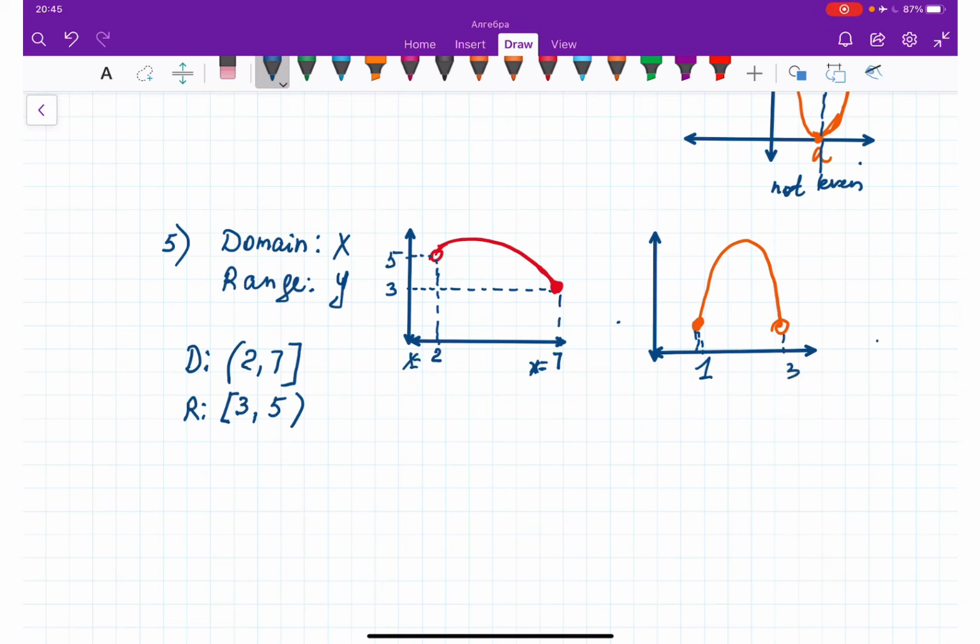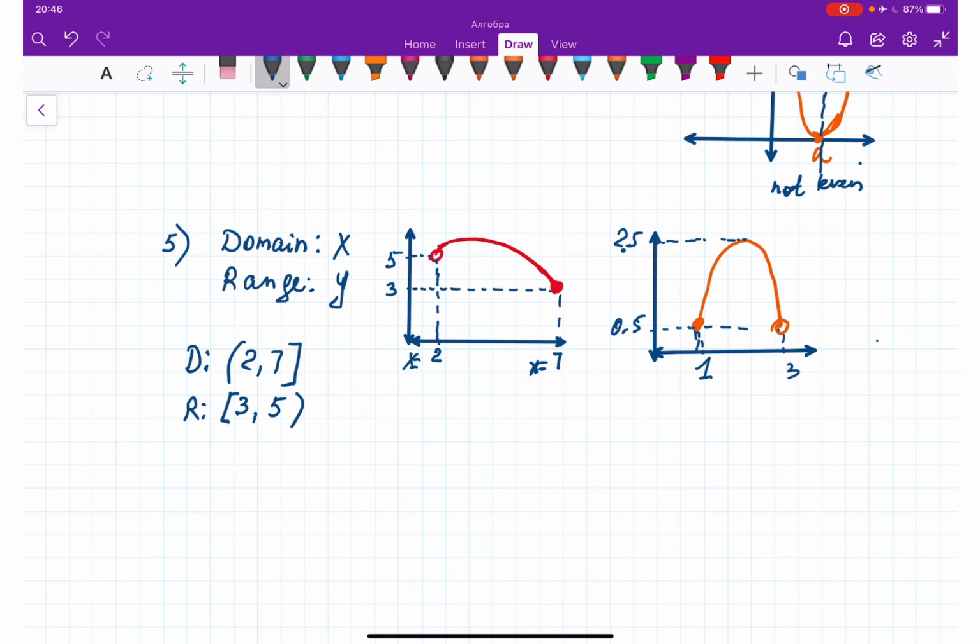And what is the range here? We have here, how much? 1, 2, 2.5, okay. 2.5, and this one is 0.5.